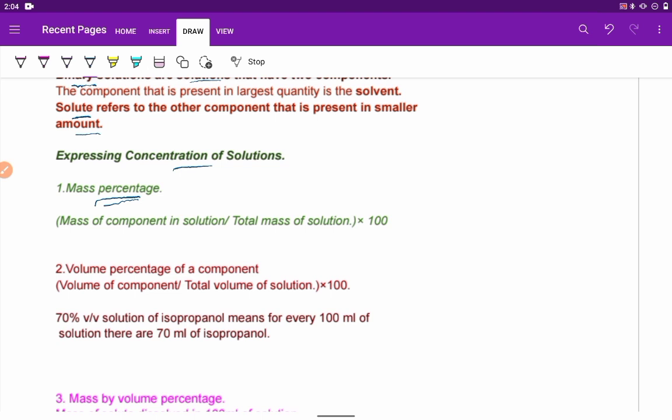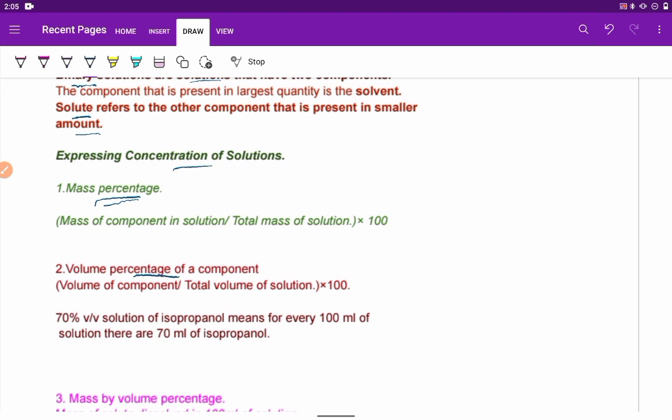For example, if we say that there is a solution of 10% glucose in water by mass, it will mean that 10 gram of glucose is dissolved in 90 gram of water, so that there will be a 100 gram solution. This concentration, mass percentage, is generally used in industrial chemical applications.